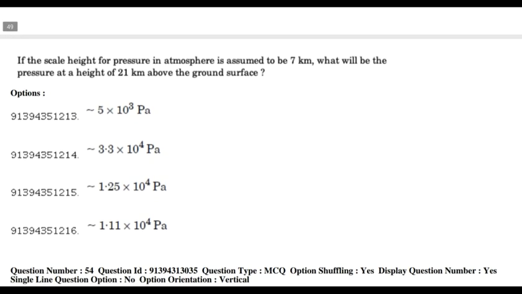If the scale height for pressure in atmosphere is assumed to be 7 km, what will be the pressure at a height of 21 km above the ground surface? So the right answer is near about 5 into 10 to the 3 Pascal.